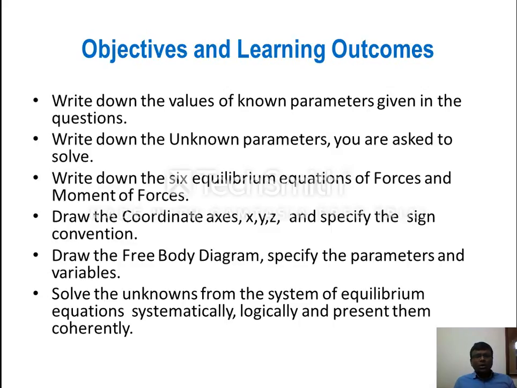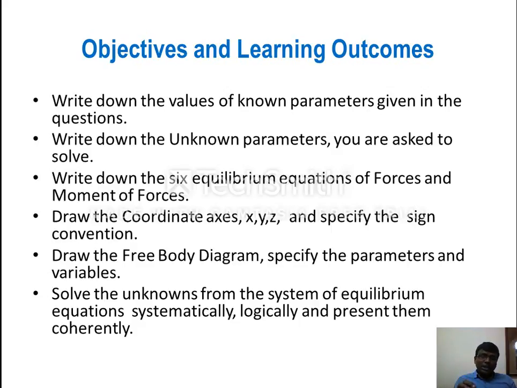The second thing is, once you draw the axes and specify the sign convention, draw the free body diagram, a diagram of the part in which you are interested, to solve these unknowns. Specify the parameters and variables, especially forces, moments, and the position vectors. This has to be clearly specified.